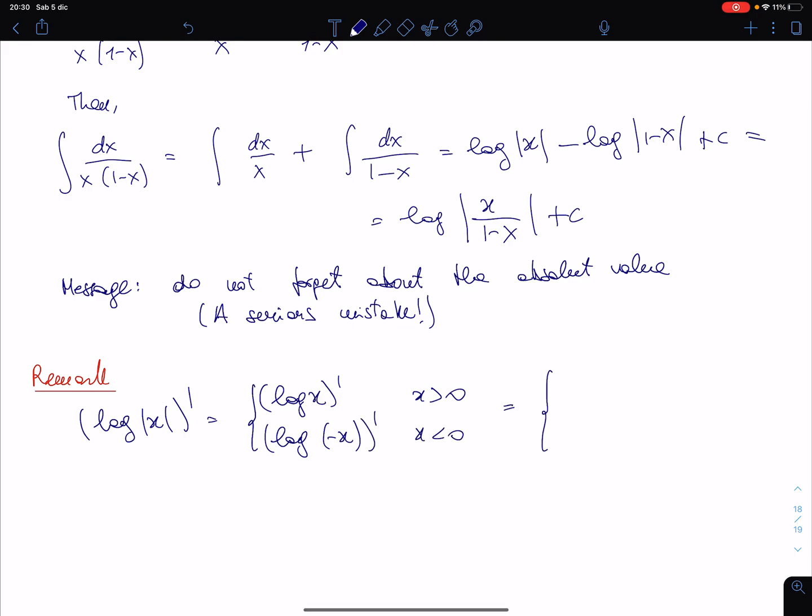So the derivative is equal to 1 over x and 1 over minus x, but then we have to multiply by minus 1 because of composition of functions. So it is again 1 over x, also for x less than 0.